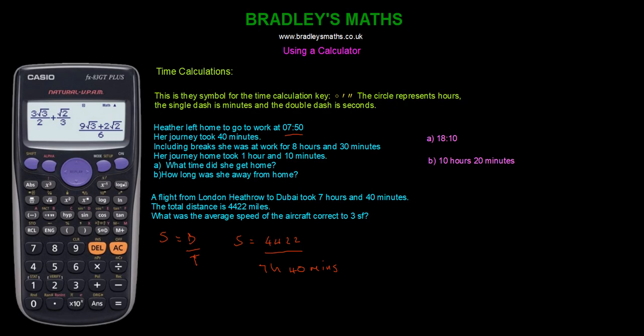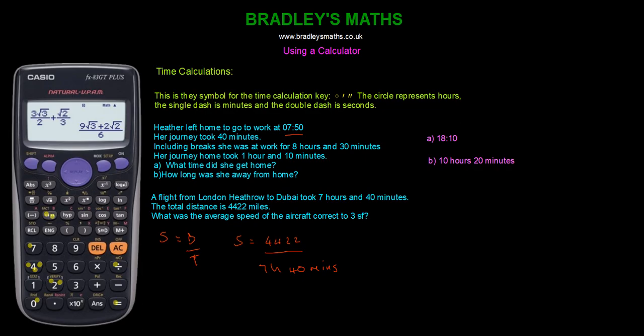Okay, let's go back to our question then. We have 4,422. This is what we answer first. 4,422 divided by 7 times 40 time equals.